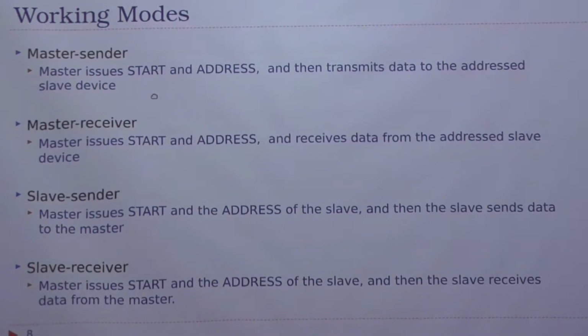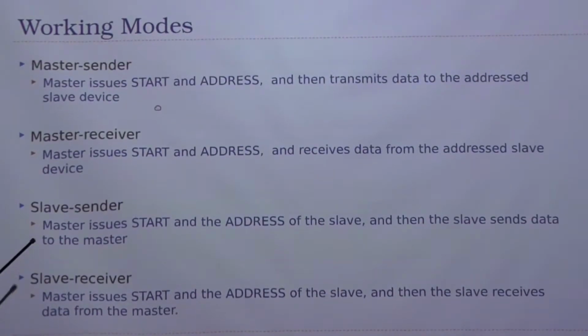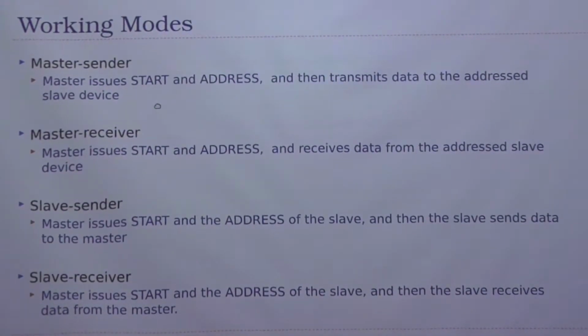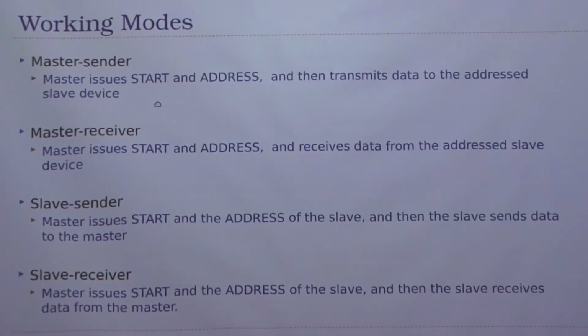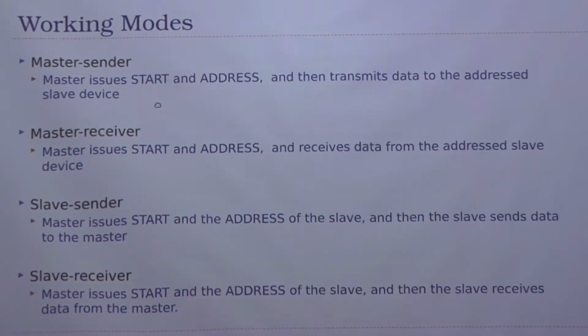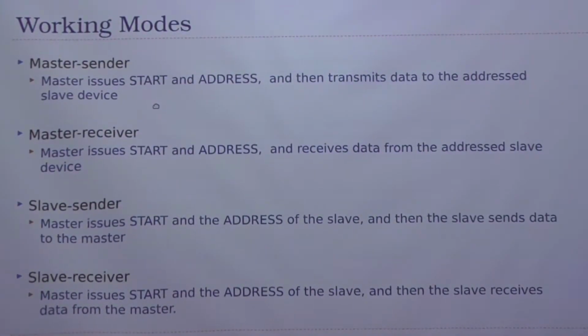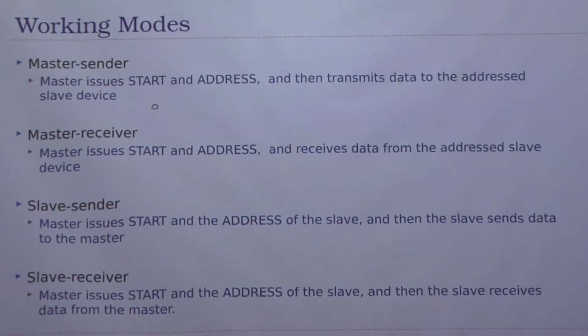So it's not possible for the slave device to initiate the communication. That must be a master, because the masters are the ones that have control over the clock line, and that's essential, right? And then in slave receiver mode, the master still issues the start and address, and the slave receives the data from the master.